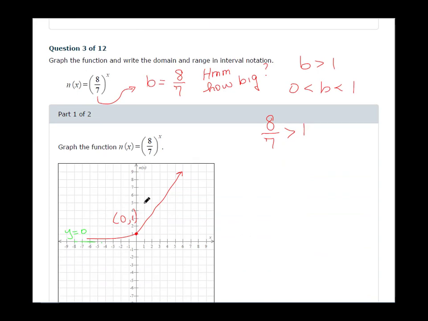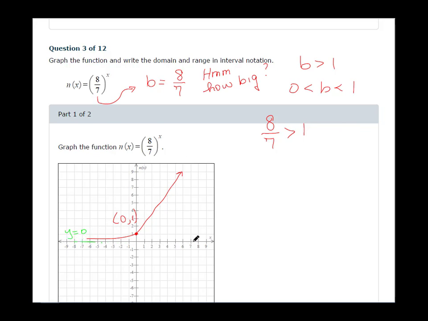On question 3 here, we have 8/7 to the x. So b is 8/7. So the question you have to ask is, how big is this b? Is this b bigger than 1, or is it a number between 0 and 1? Well, it's bigger than 1, so it's going to come this direction.